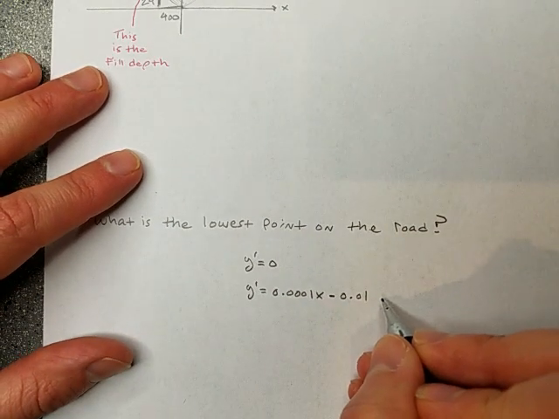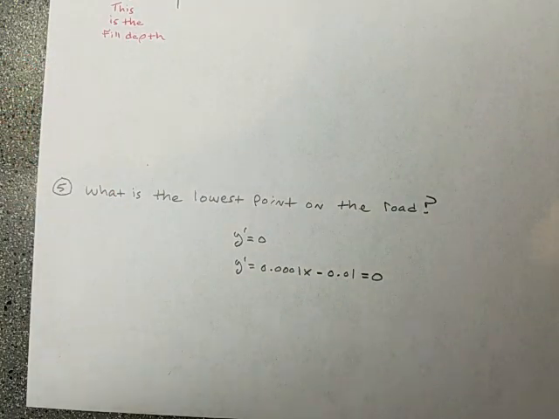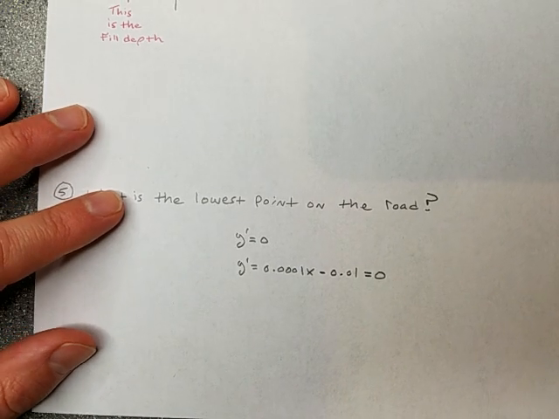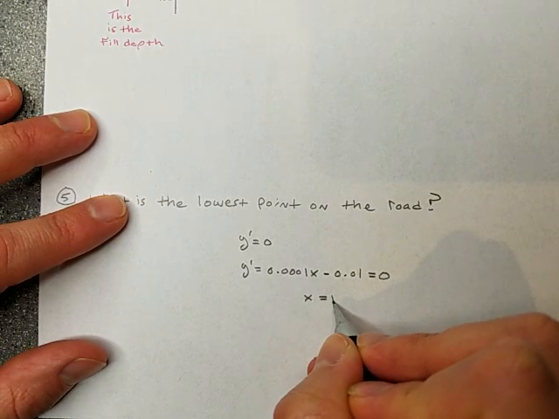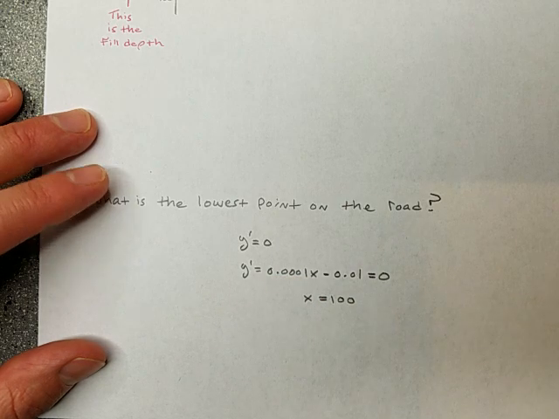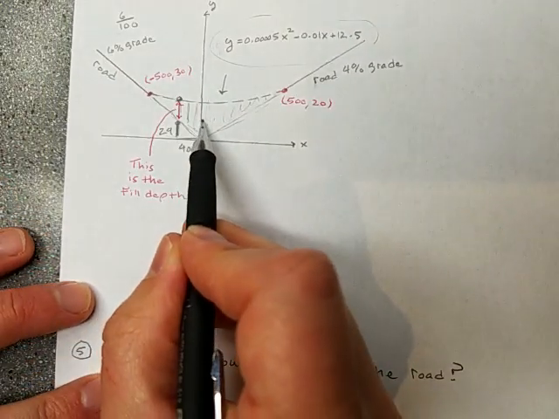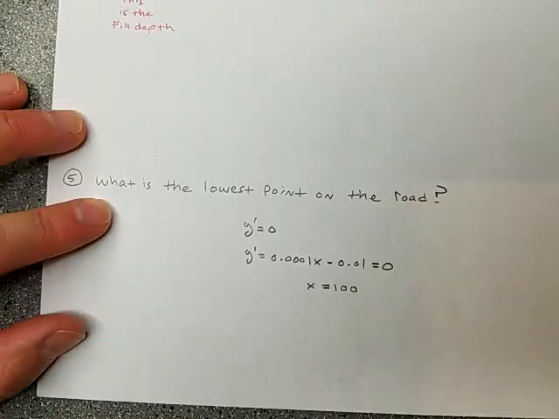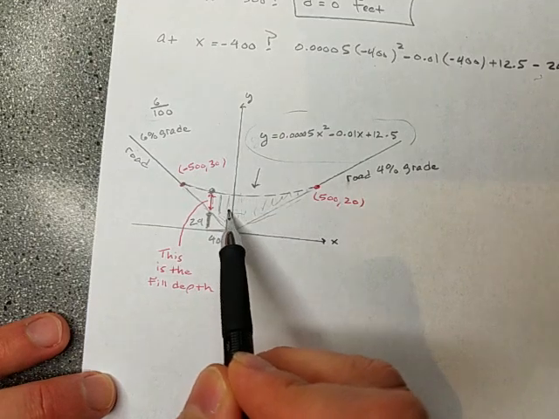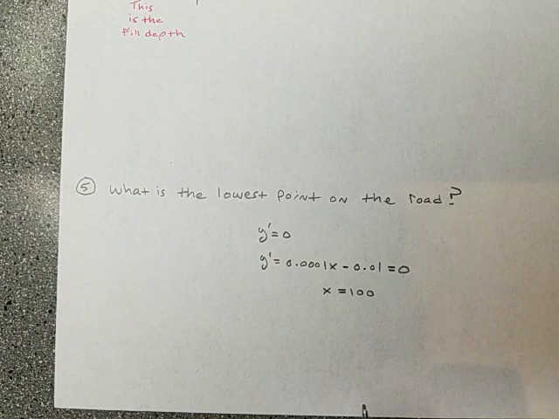And if I was to set that equal to 0 and divide, then I would get x is equal to 100. Take 0.01 divided by 0.0001. So the lowest point on the road is 100 feet to the right of the y-axis, it turns out. It's not directly in the middle, okay? All right, so that's the x-coordinate of the lowest point.